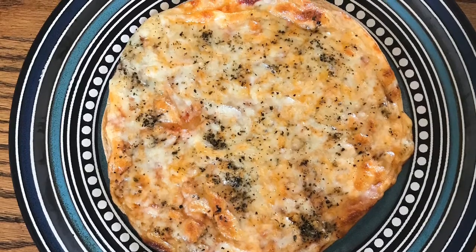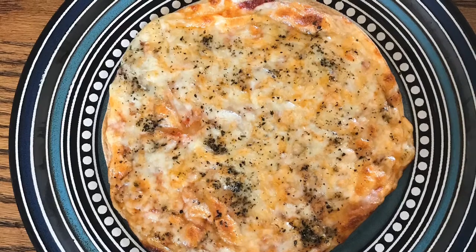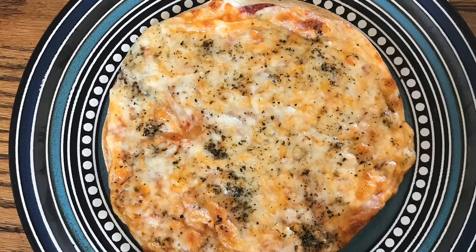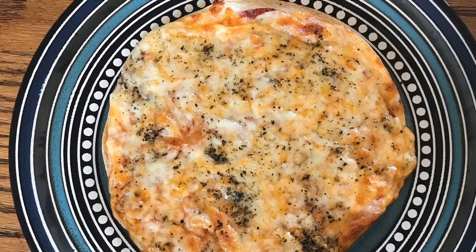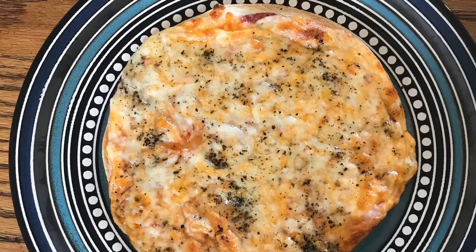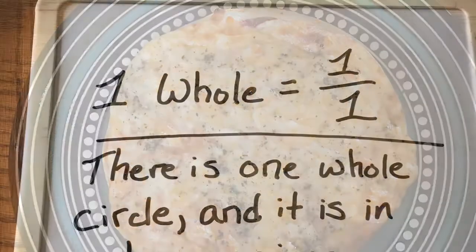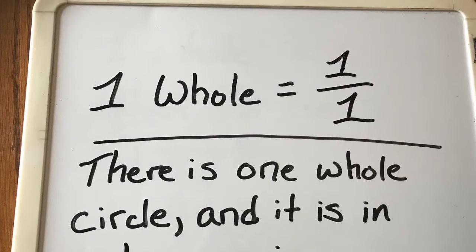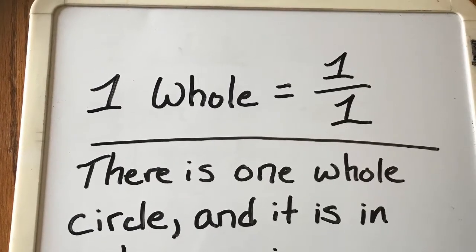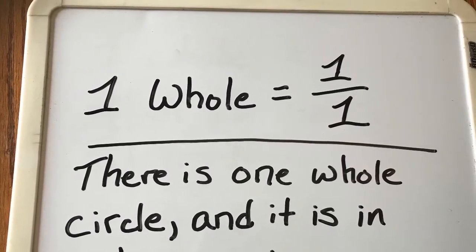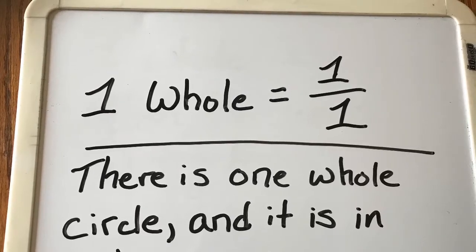You can write one whole as a fraction, or you can write it as just the number 1. If you write it as a fraction, your numerator, that top number, is going to be how many pieces we're talking about or doing something to. In this case, 1.